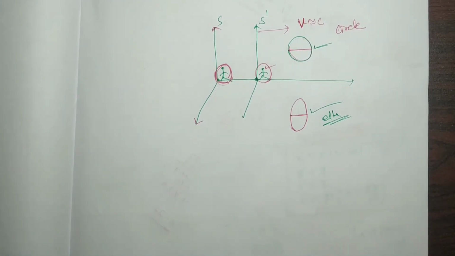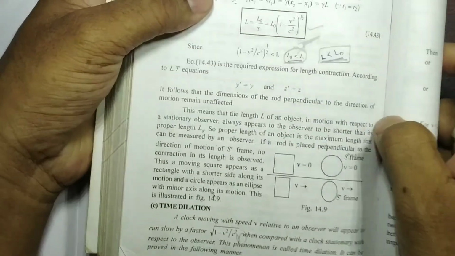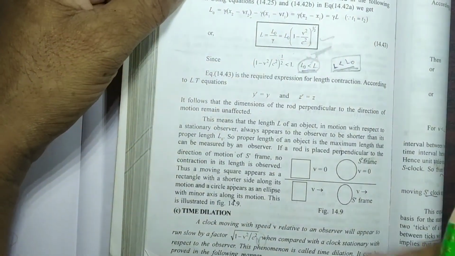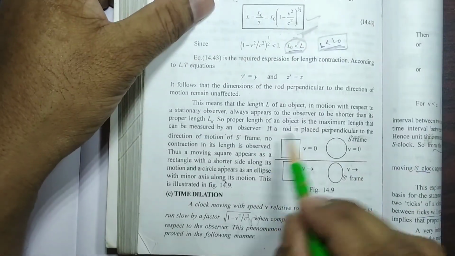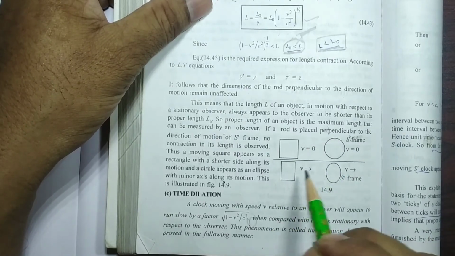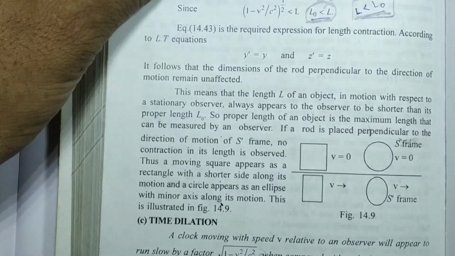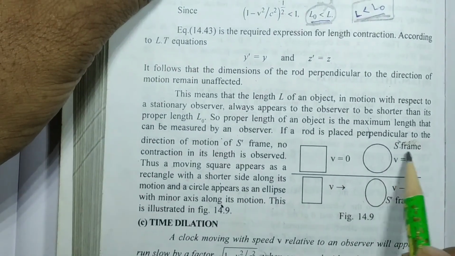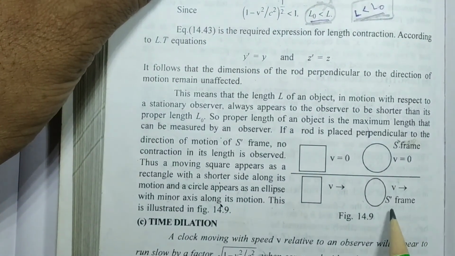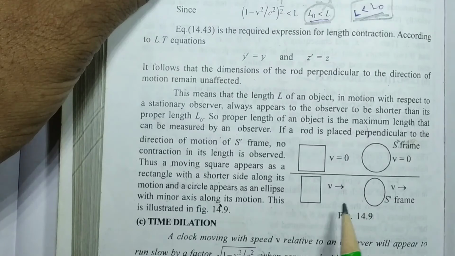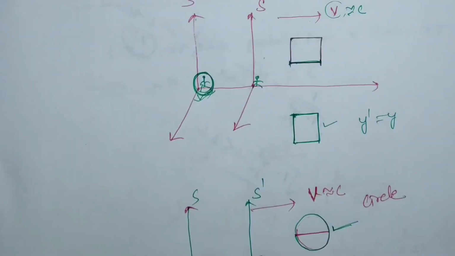Here I am going to explain from the book somewhat, so that you can write it in your note perfectly. You draw this figure here, which represents your S frame and S dash frame. I think it will be better that you draw these two figures.